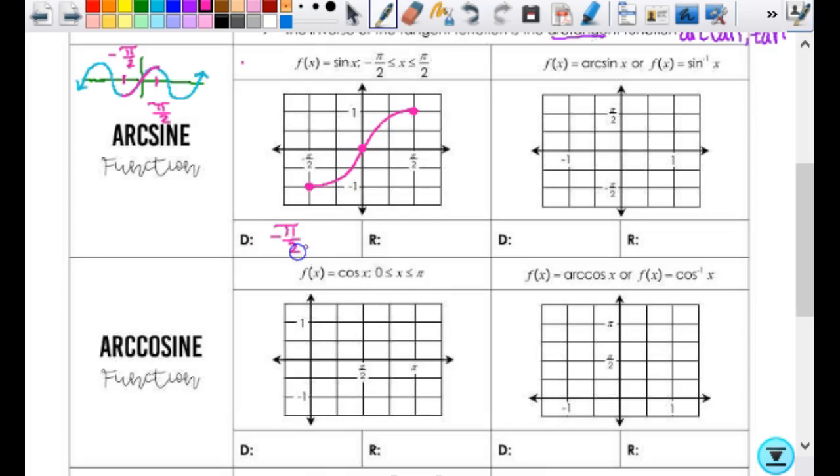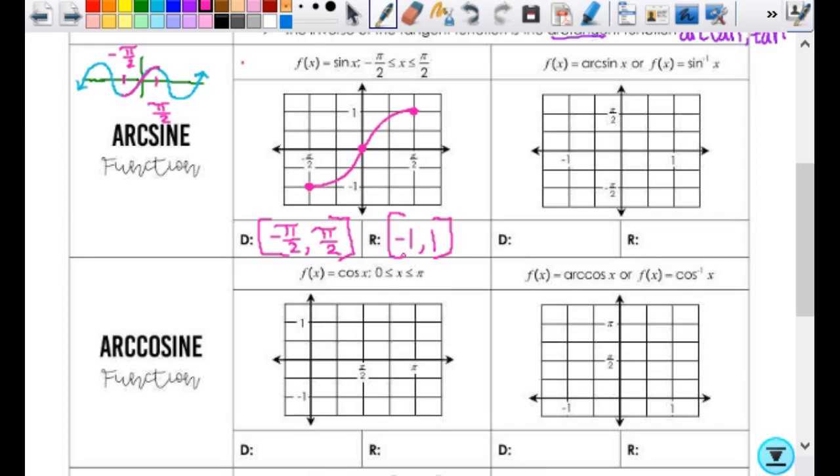Negative pi halves to pi halves, and we'll do this in interval notation. Do we include the pi halveses? Yes, we do. So these are brackets. And then our range, we go from negative 1 to 1. Do we include those? Yes. Those are our brackets. Okay.